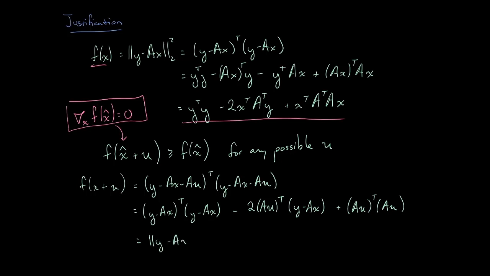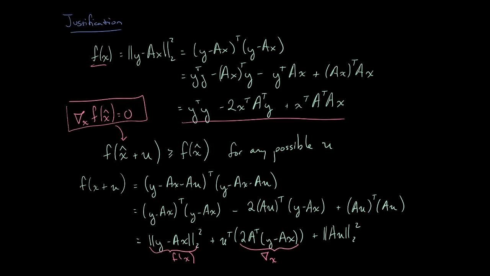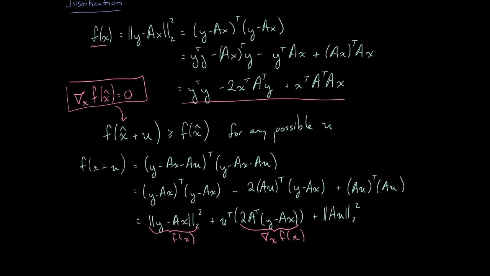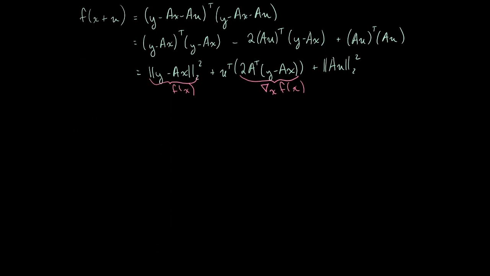Rewriting this in the following form, we see that we have f(x) right here. And then we also have another term that we recognize. This is in fact the gradient of f evaluated at x. So what we've shown is that f(x plus u) is equal to f(x) plus u transpose times the gradient of f evaluated at x plus this other term, the norm squared of Au.